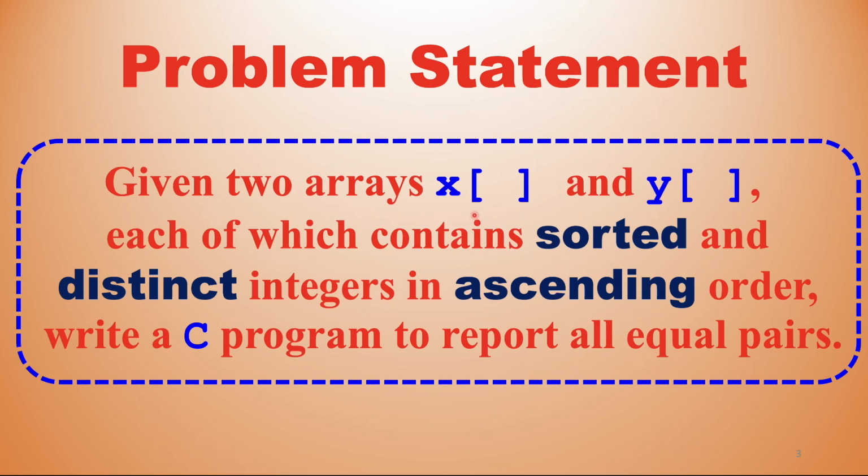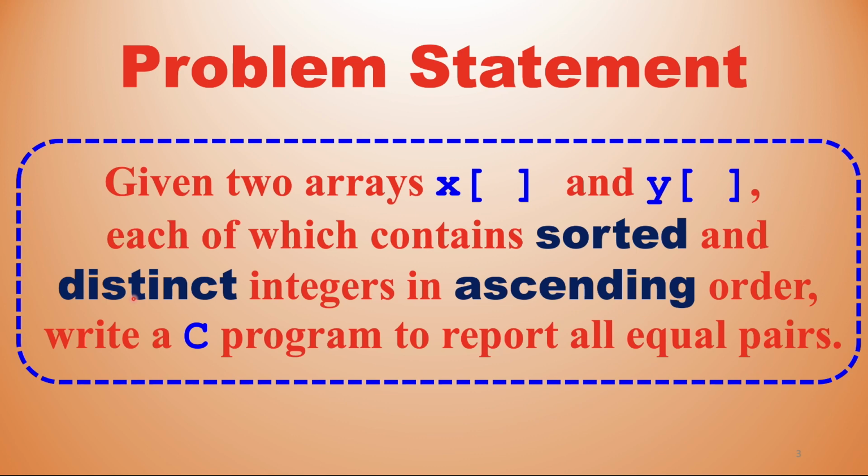Given two arrays, x and y, each of which contains sorted and distinct integers in ascending order. So x contains integers. They are sorted and they are distinct.